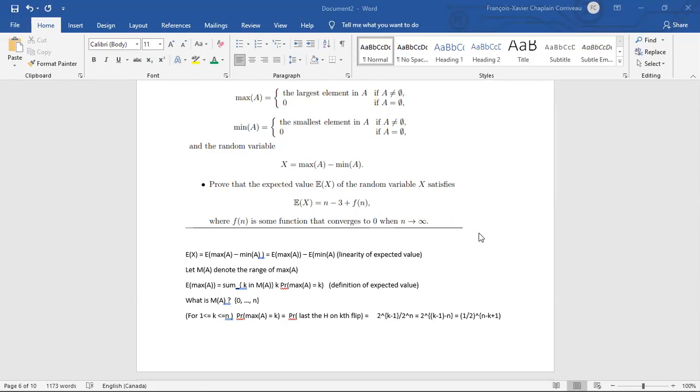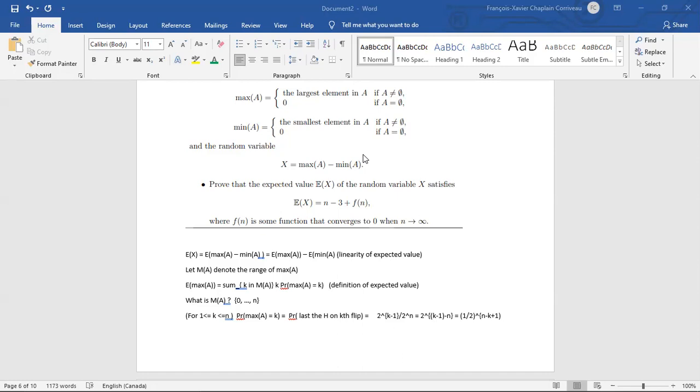And if you think about it, it kind of makes sense. When I look at the maximum or the minimum, for example, if I look at the maximum, I flip the coin. In terms of how far my minimum has to be, it doesn't have to be very far. It could be immediately before, and that has a fairly high probability of happening.